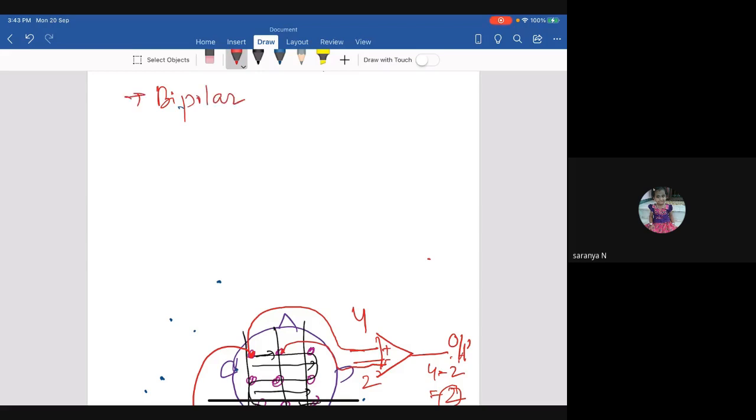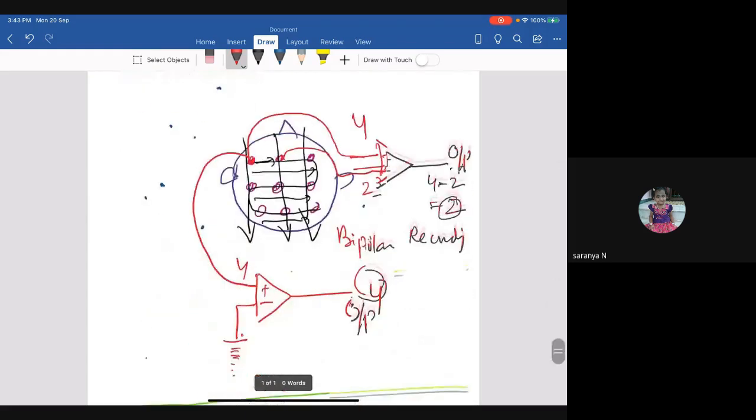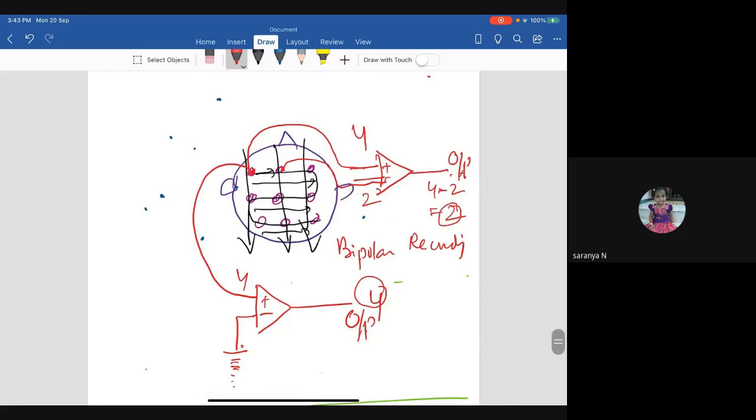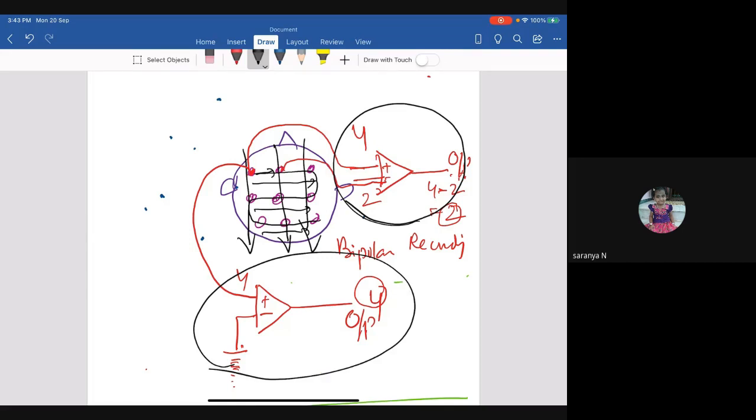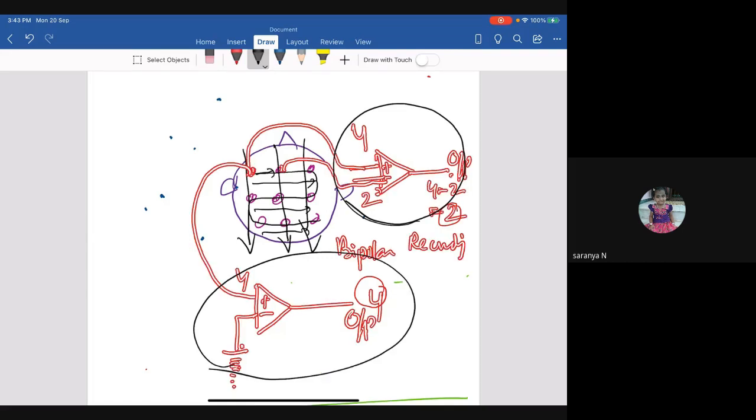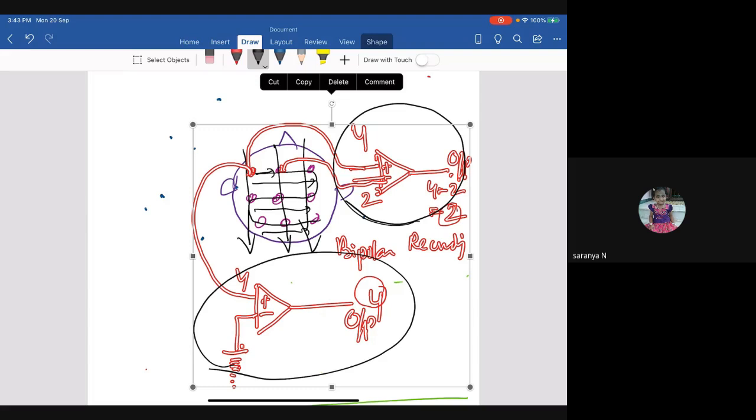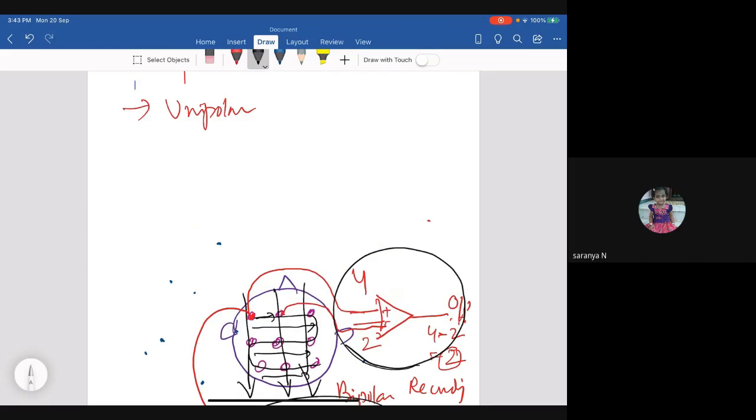But unipolar recording is the best for research purposes. So the first one is good for the doctor, and this one is good for the researcher. So the question comes, why? Why is the previous one good for the doctor and the lower one good for the researcher? This is what I'm going to tell you.